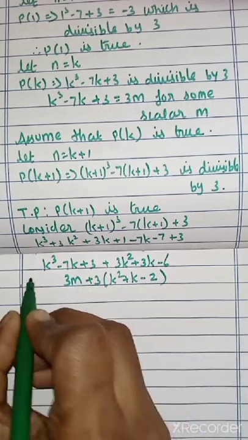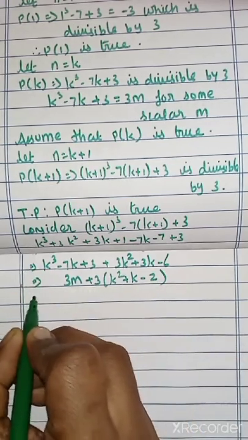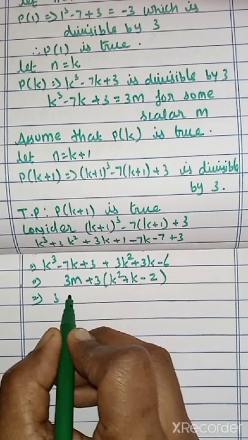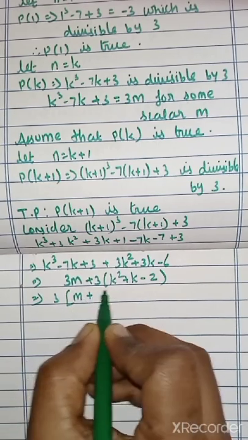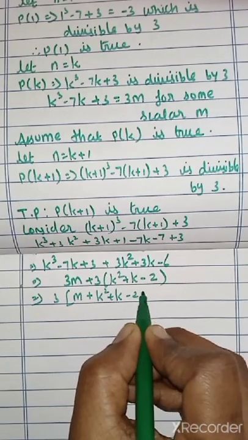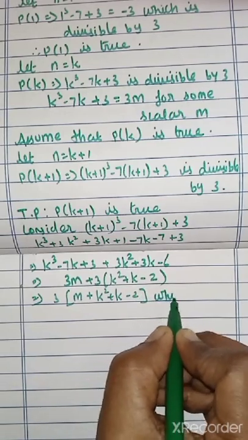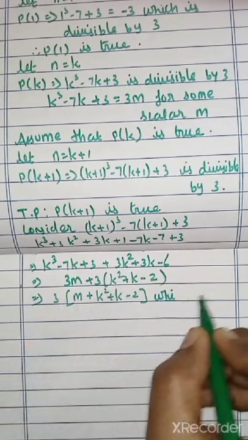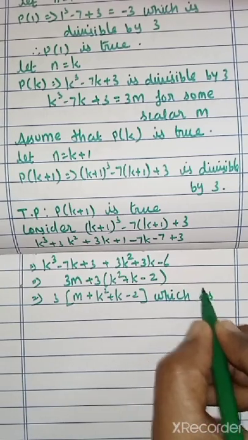Now we can take 3 common, so that you will get 3 into m plus k square plus k minus 2, which is divisible by 3, because 3 into some scalar is divisible by 3, right?